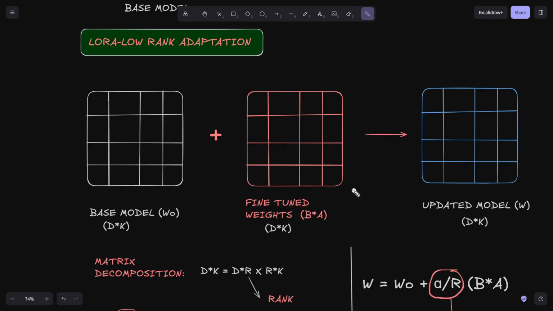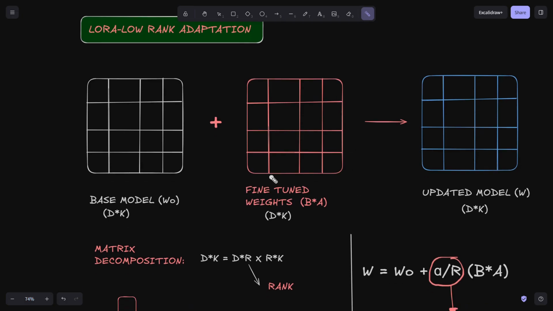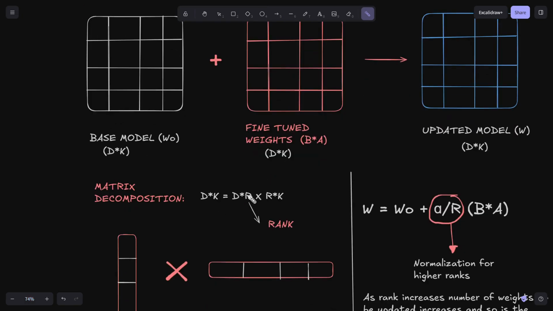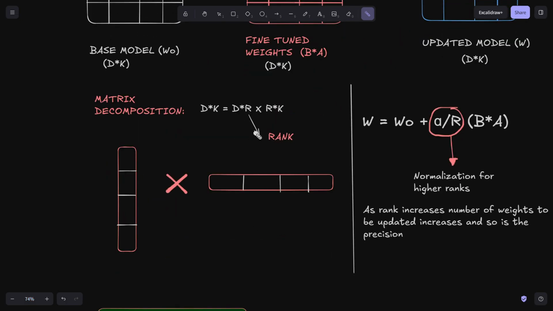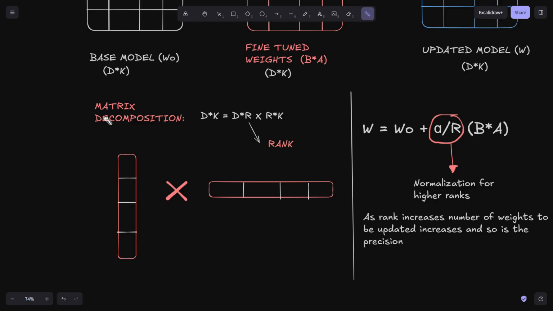This complete matrix is decomposed into D cross R into R cross K, where R is called the rank of the matrix. Let's say this 4 cross 4 matrix is divided with a rank of 1. It divides into a 4 cross 1 into a 1 cross 4 matrix. This is called matrix decomposition. Now what's the use of it?